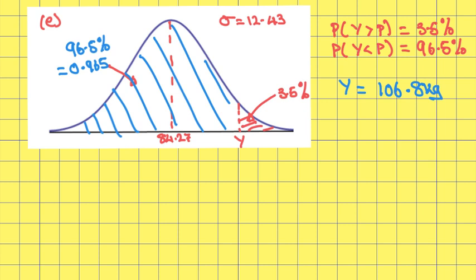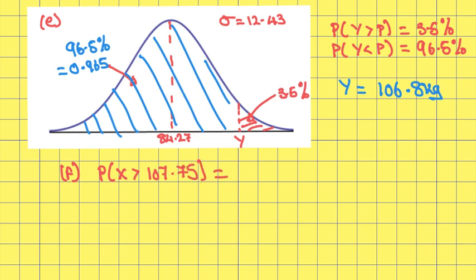Part E. There are 107,979 males in Rochdale. How many are above the weight of 107.75 kilograms? So to answer this, I need to find the probability that X is greater than 107.75.